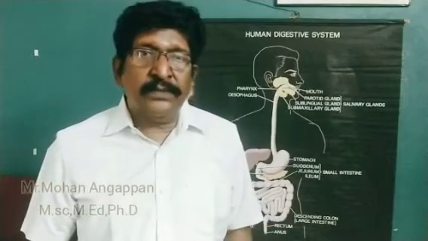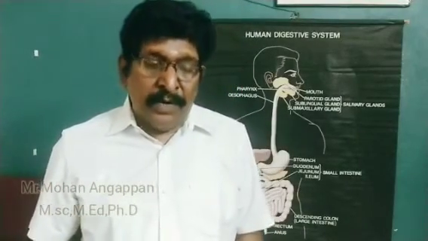So you must differentiate glottis and epiglottis. Glottis is the opening of the windpipe, trachea. When food is passed on into the stomach or into the pharynx region, this epiglottis prevents the entry of food into the glottis.